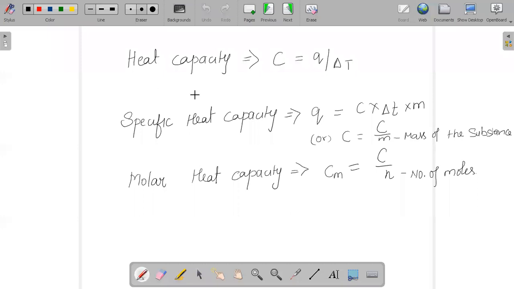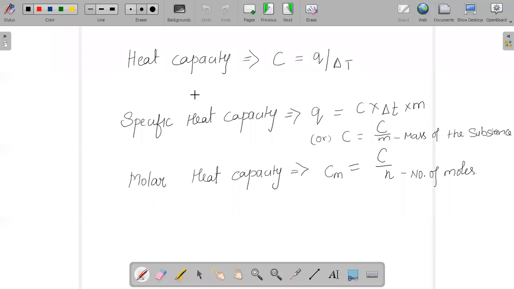And yes, we have three different concepts to study: heat capacity in general, specific heat capacity, and molar heat capacity. How do we differentiate and define each of them?